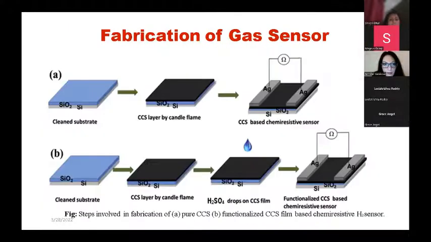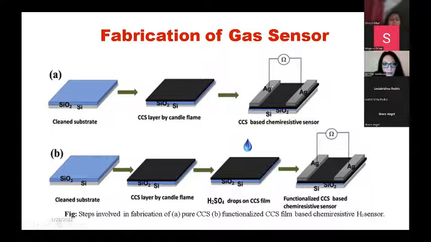So these are the basic steps that I have used in the fabrication of the carbon soot based gas sensor. First, we started the fabrication of the sensor. We replaced the glass slide with a silicon oxide wafer, and then we deposited the carbon soot layer on that.